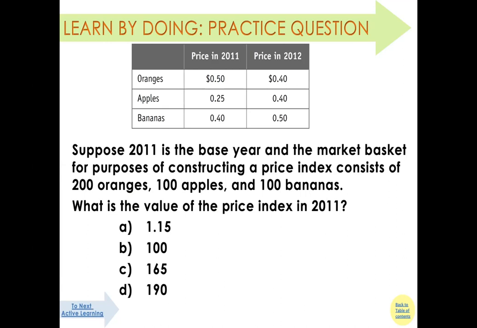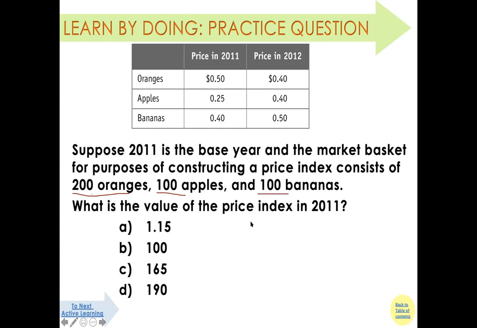In this example, we have 3 goods people are going to consume: orange, apple, and banana. Furthermore, the market basket consists of 200 oranges, 100 apples, 100 bananas.